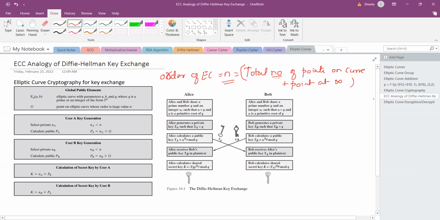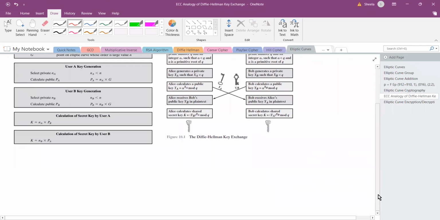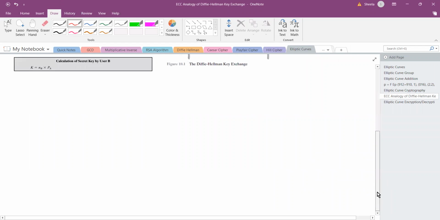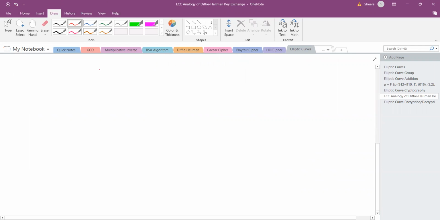And now let us consider the analogy between the elliptic curve key exchange and Diffie-Hellman key exchange. So here I'll just write comparison.